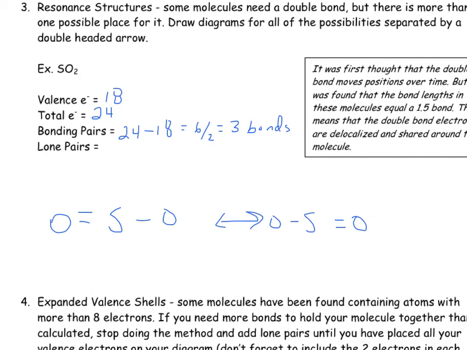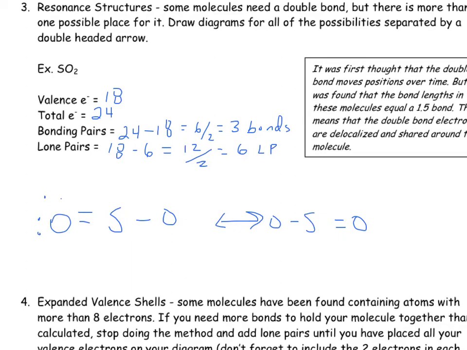Now for lone pairs. I take my valence minus my shared. That gives me how many unshared electrons I have. Divide that by 2. I need to put on 6 lone pairs. I look at each of the atoms and try and make them stable. This oxygen here has 2, 4, so it will need 2 lone pairs to get to 8.